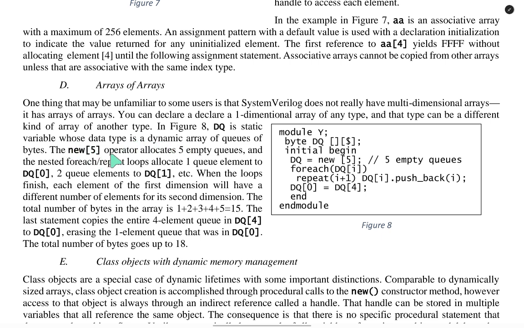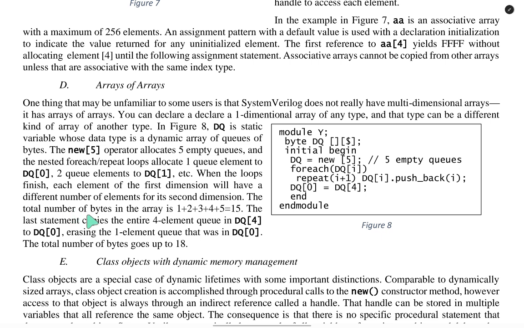The new[5] operator allocates 5 empty queues, and nested foreach loops allocate 1 queue element to DQ[0], 2 queue elements to DQ[1], and so on. When the loops finish, each element of the first dimension will have a different number of elements in the second dimension.